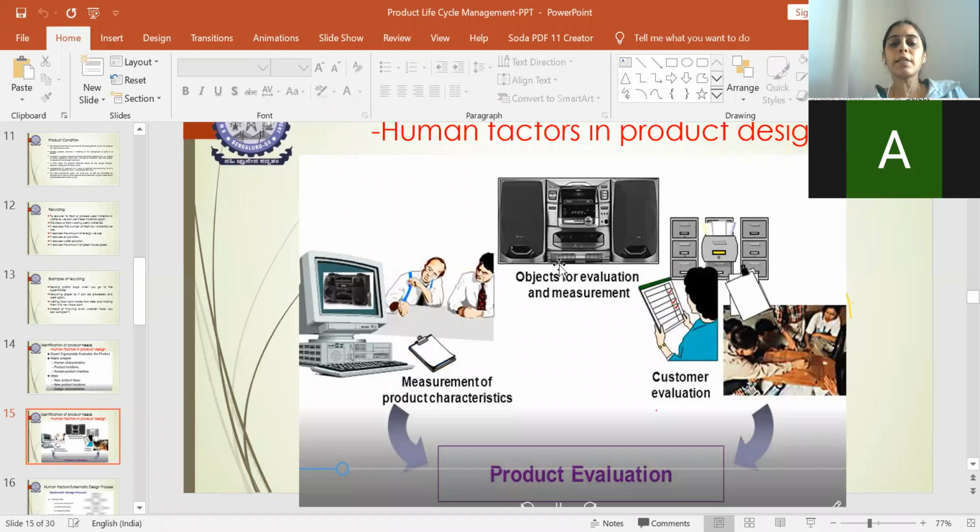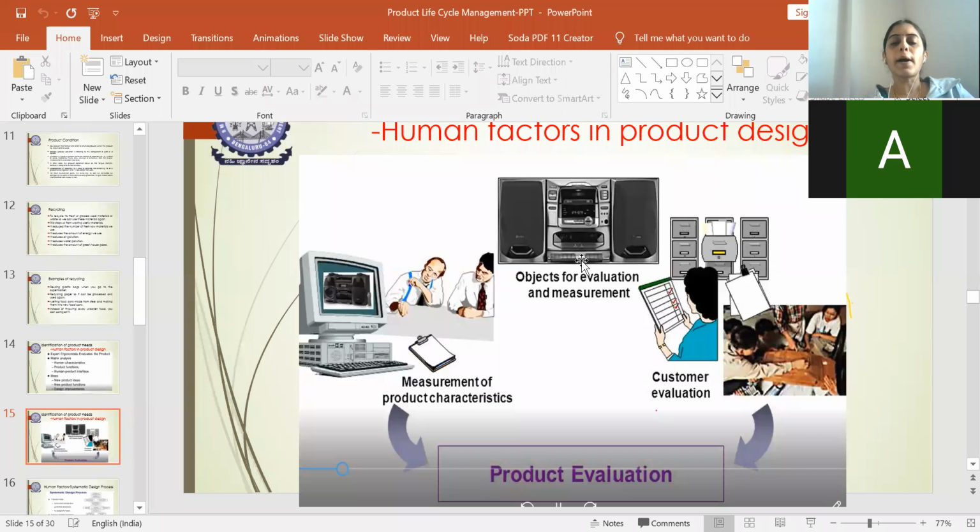So if you see an example of a speaker here, you will evaluate the performance depending upon how good it is audible, until where it is clearly audible, to what range, all those steps. And suppose you consider any other product, for example a load cell, right, then you will evaluate what its functional performance is when it is used as a load cell for different purposes.